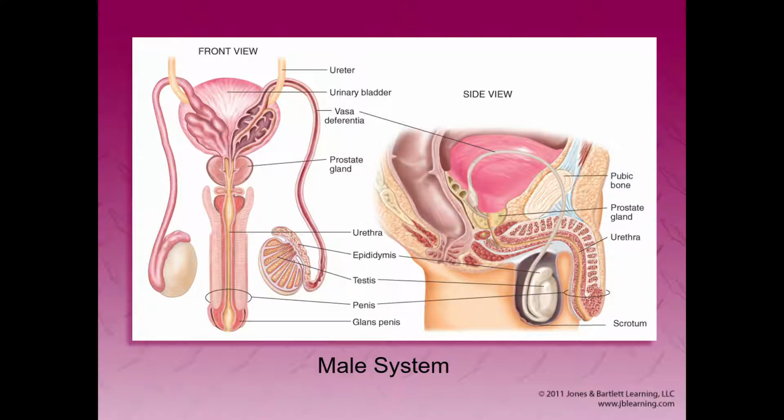Here's an overall view of the male reproductive system. 2 testes, then you have 2 epididymis, you have both of those, the vas deferens, coming into the glands up above the bladder. You have a prostate gland, and then you have the penis itself.